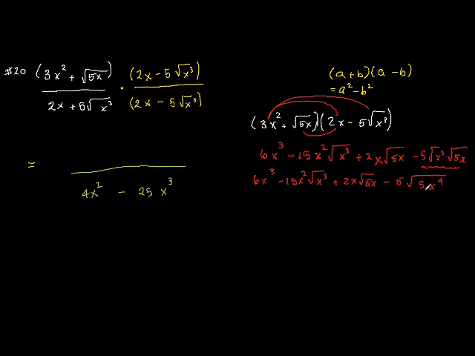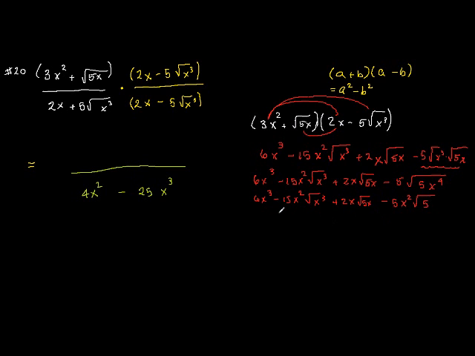I could simplify that a bit more because look here, I have x to the power of 4, and I can take the x's out of the square root because I have an even power here. So this becomes 6x cubed minus 15x squared square root of x cubed plus 2x square root of 5x minus, and I have a 5x squared now because when I take this out over here, the power gets halved, so the 4 becomes a 2. And what's left under the square root? Just the 5.